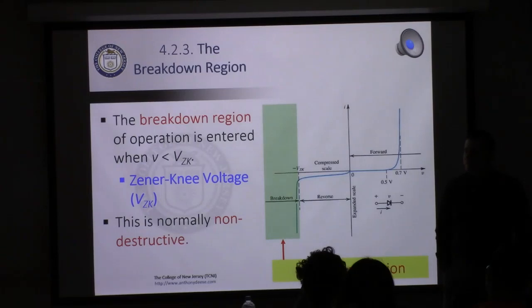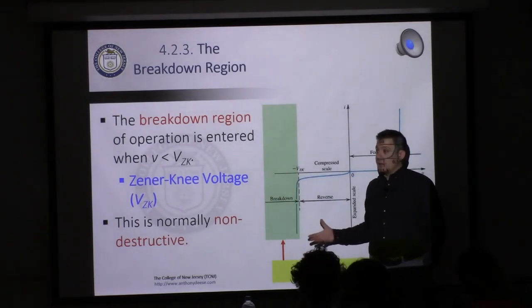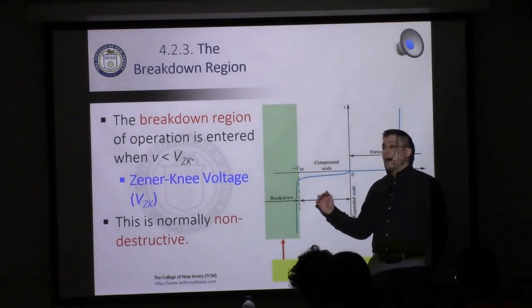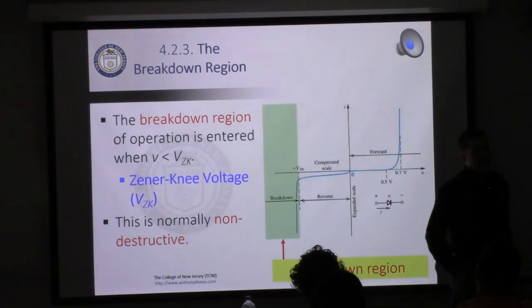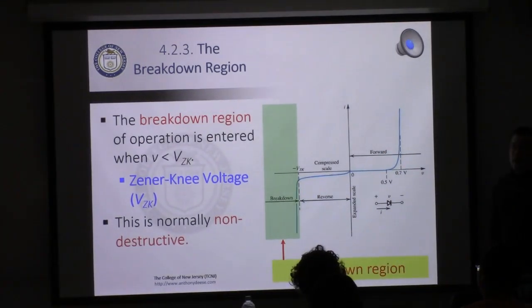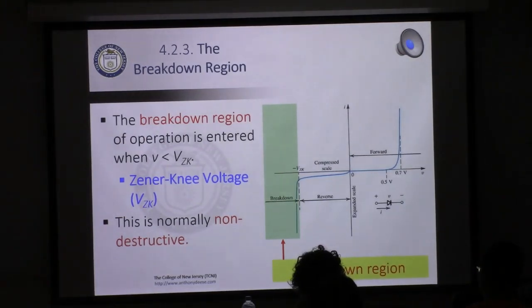Don't let the magic smoke out. Yes, you're right, it does not pop. Now if you drive this current too high, then it'll heat up and then it'll pop, but you can go back and forth here without destroying the device. In fact, there are certain applications where that is part of the desired operation of the circuit.